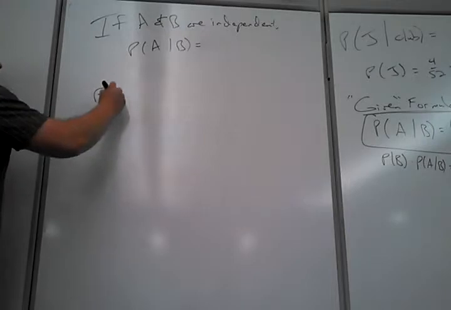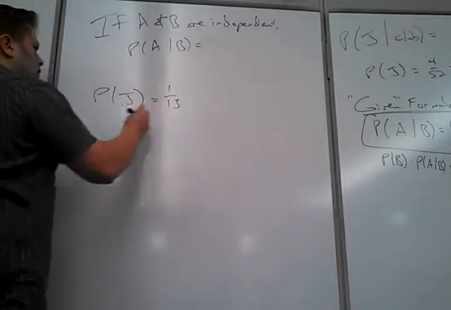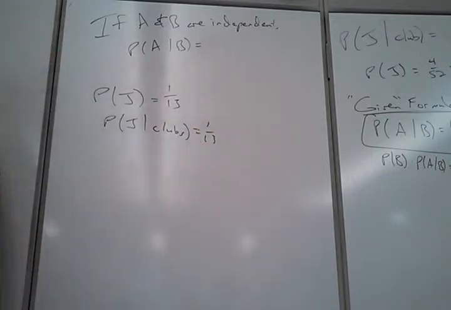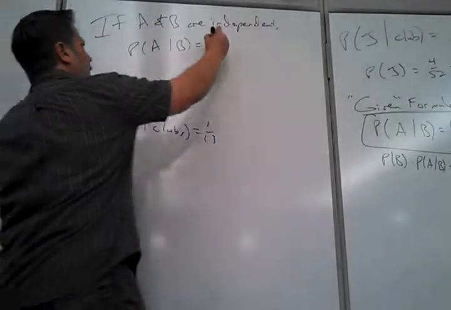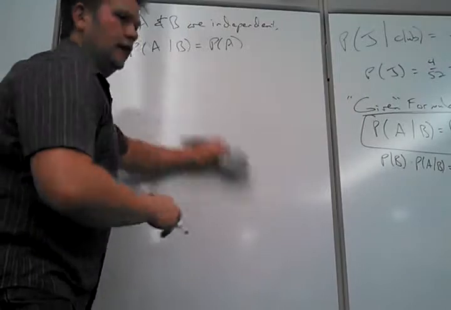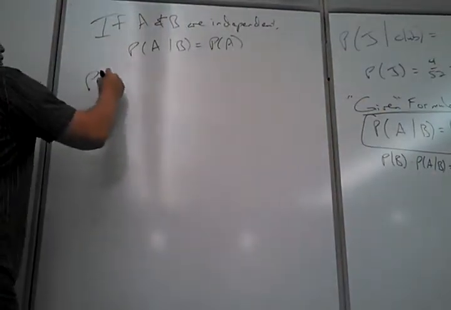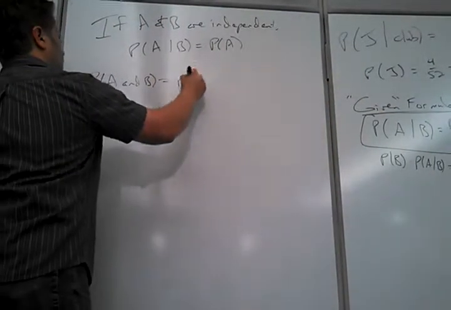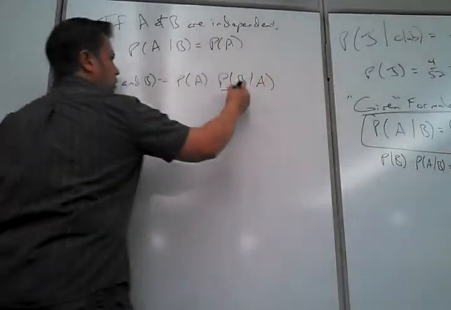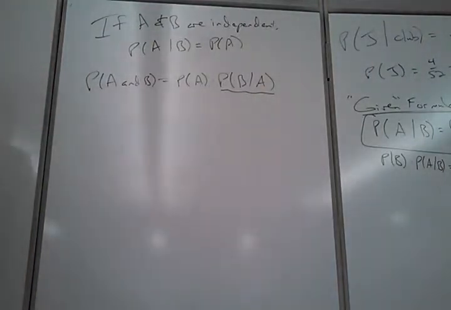No, it's just like the probability of a Jack was 1 out of 13. Probability of a Jack given clubs, 1 out of 13, it didn't change. They are independent of each other. If one happens, the other one doesn't care. So this would stay that way. So the general rule for AND is the probability of A and B is probability of A times probability of B given A. Because what does this become if they're independent?